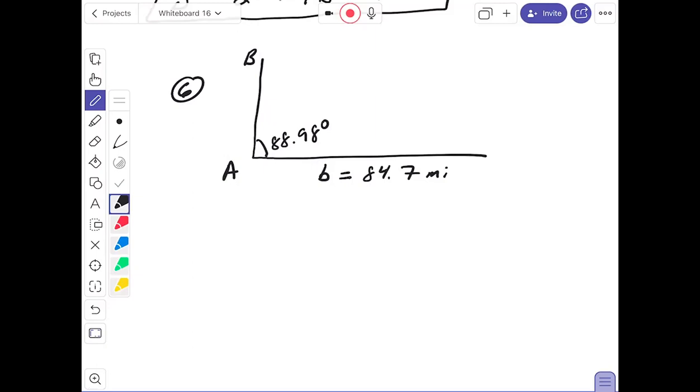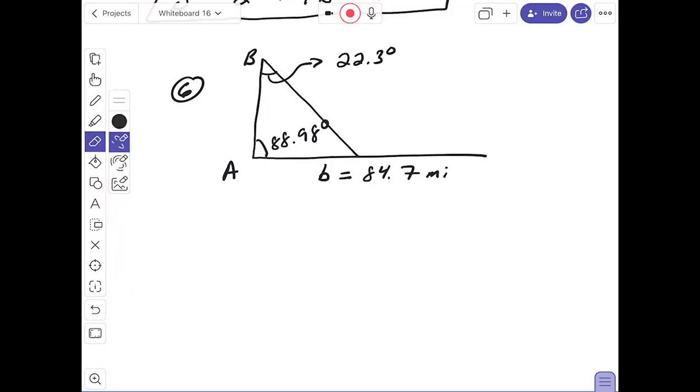And 90, 45. I'm going to say something like this over here. Now someone says, oh, your picture's really bad now. Not really, right? I'm going to put this over here. I'm going to correct the picture in a second though. And this B is going to be 22.3 degrees. But you know what? I kind of was overestimating what this was over here. So I'm going to erase it. Right? I'm going to erase this thing over here.